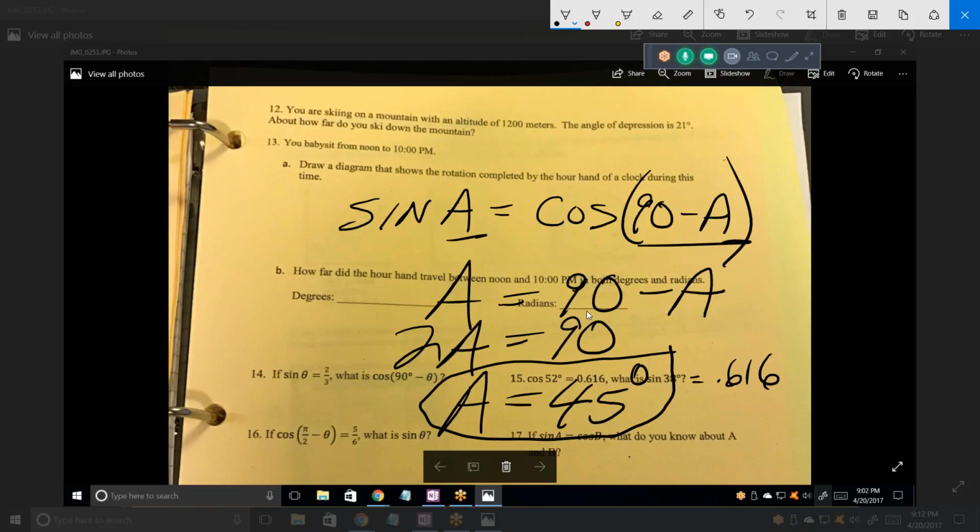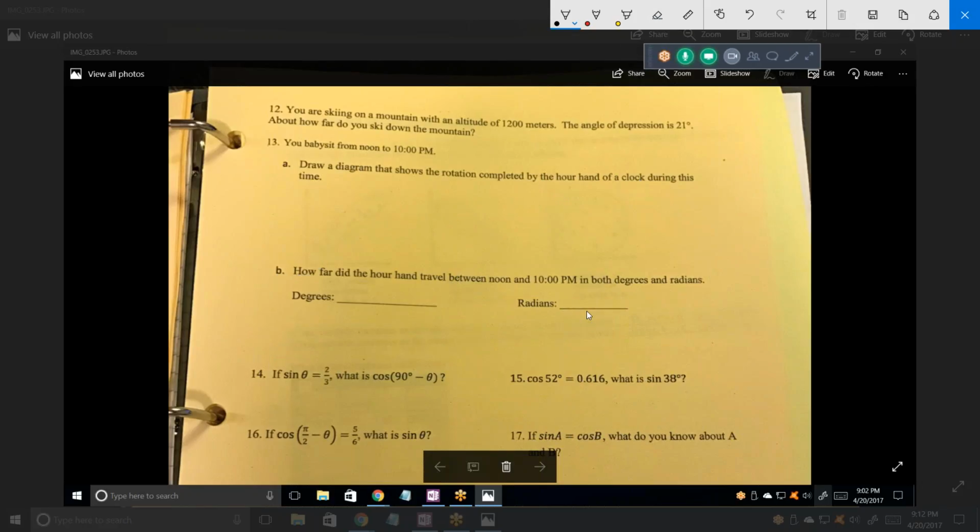In other words, if A was 100 and B was 100, then the sine of A would not be equal to the cosine of B? No. The only time they're ever equal, if you notice on your unit circle, is at 45 degrees. That's the only place, and let's see, I guess they're also equal at 225.